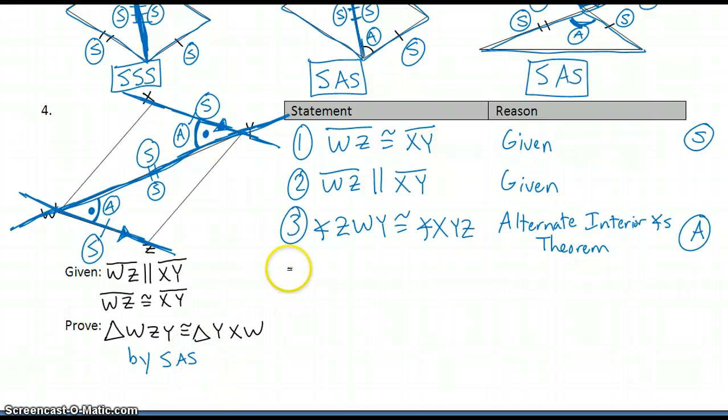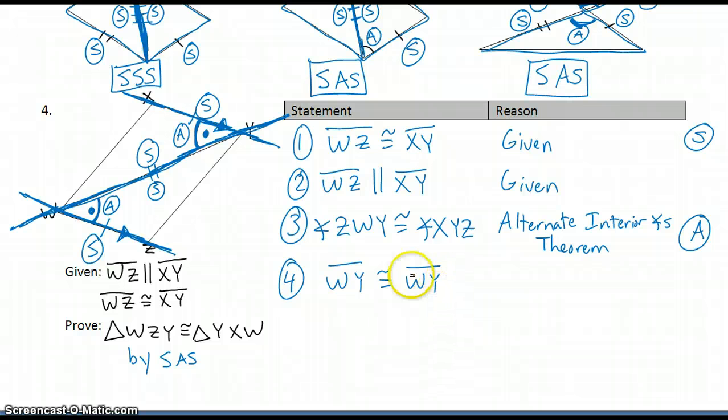Now I need my third piece of congruent parts. In this case, the third piece is this shared side. Well, this shared side is WY. And since WY is on both triangles, I can say that WY is congruent to WY.